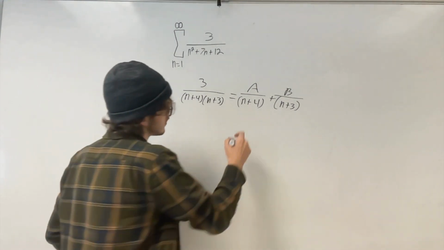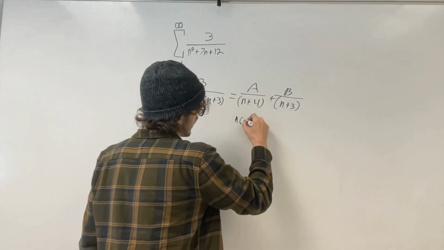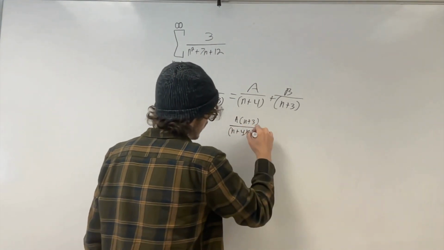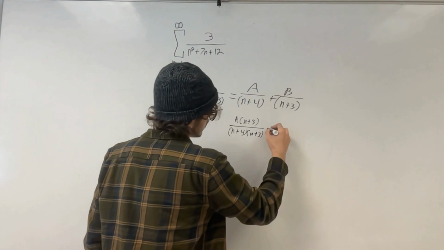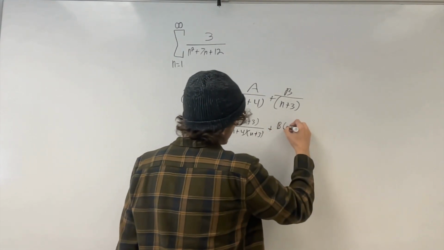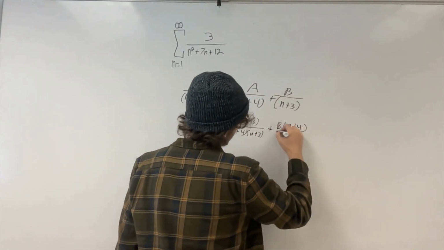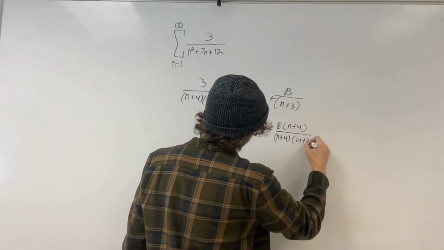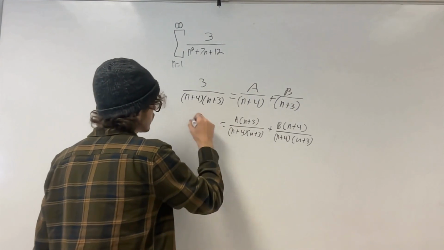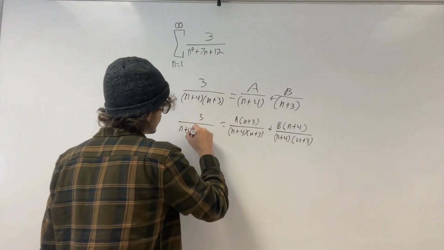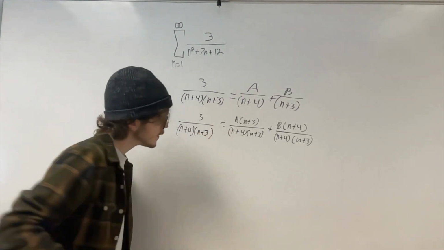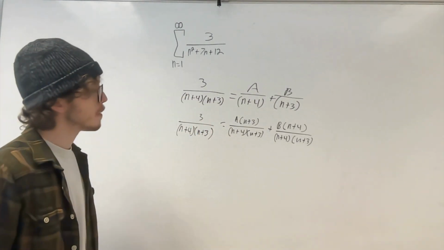So in this case, this is going to be A(n plus 3) over (n plus 4)(n plus 3), added to B(n plus 4) over (n plus 4)(n plus 3), equal to 3 over (n plus 4)(n plus 3).